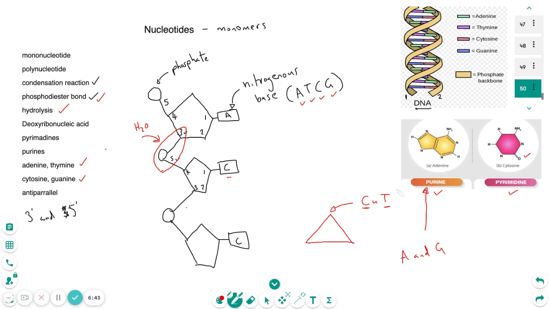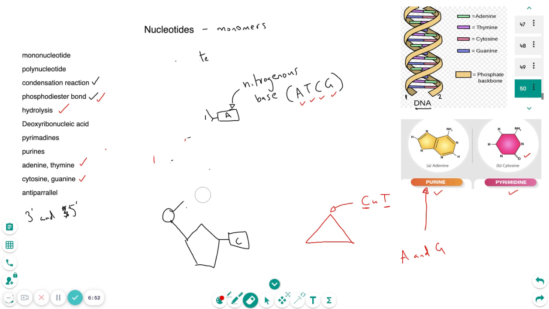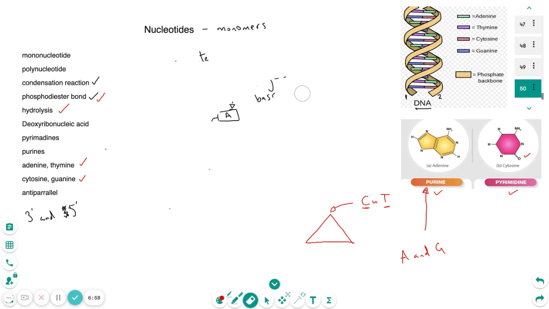All right, now we're going to try and draw a double helix. So we'll just get rid of this. When drawing a double helix, that means we have to draw 2 strands, and the way those 2 strands form is something called anti-parallel.